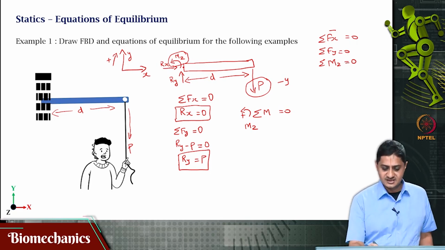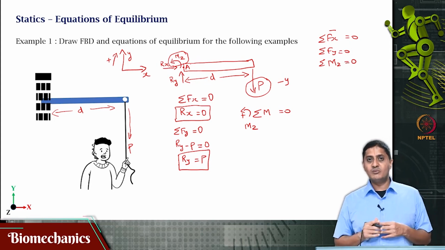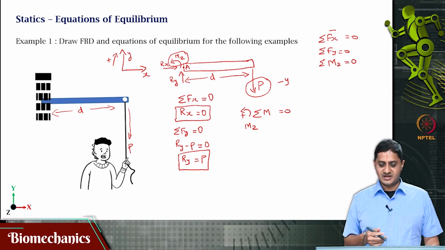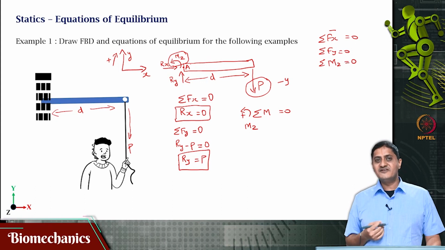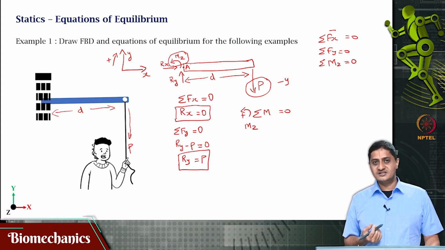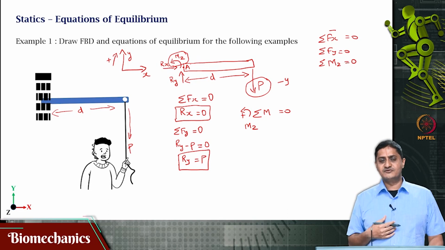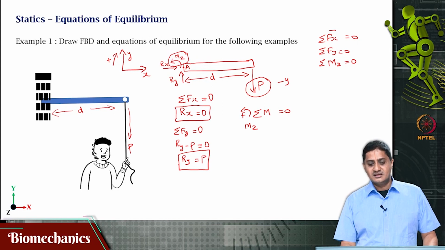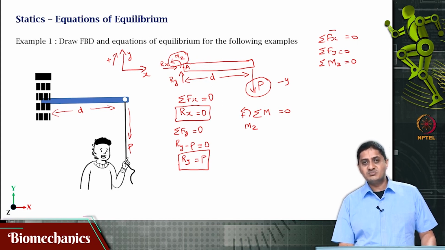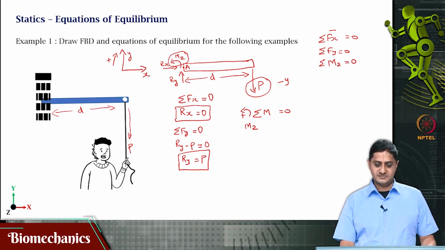Let us call this point as some point A. When I am taking moment about that point, it turns out, because moment is a vector product of the force itself and the perpendicular distance between the line of action of force and the axis of rotation, and because at A the perpendicular distance for Ry and Rx is 0, these two forces do not cause a moment. Okay.